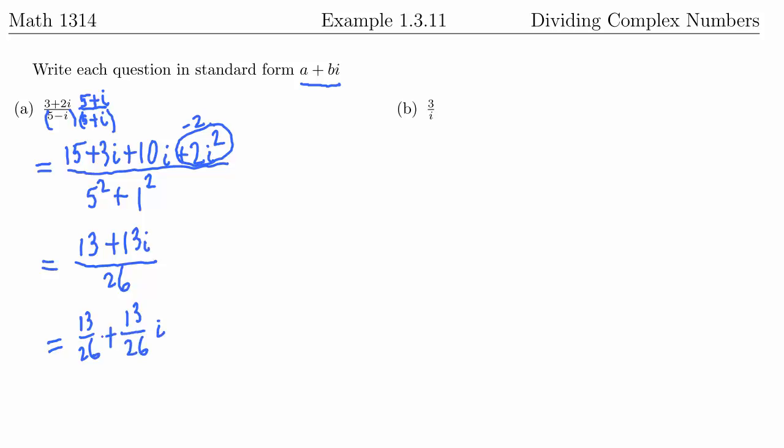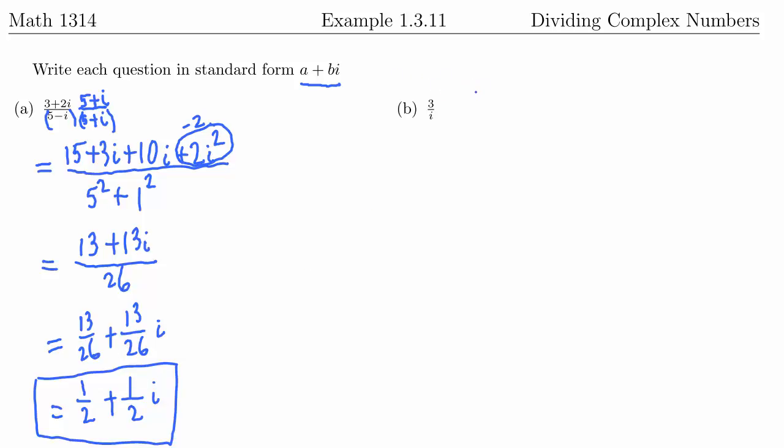Then you simplify. 13 divided by 26 is 1/2. And again, 13 divided by 26 is 1/2. And we have the i there. So your answer is 1/2 plus 1/2 i. If you want to, you can put the i in the numerator here to make that i over 2. So 3 plus 2i divided by 5 minus i is 1/2 plus 1/2 i.